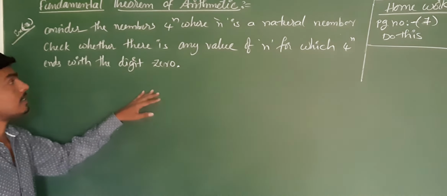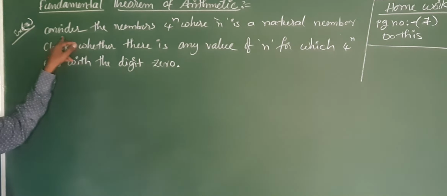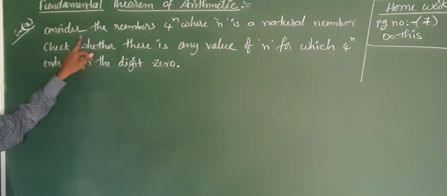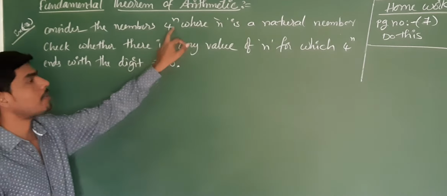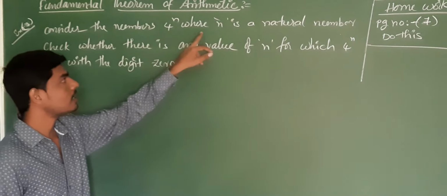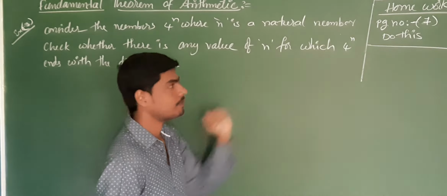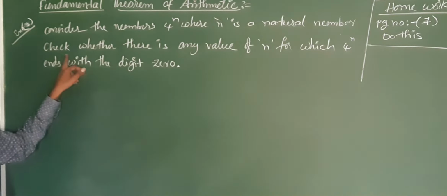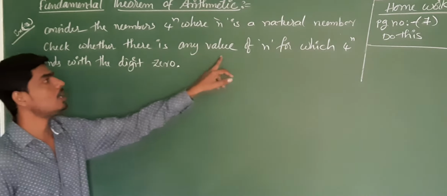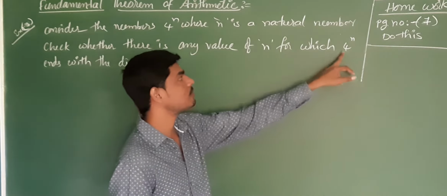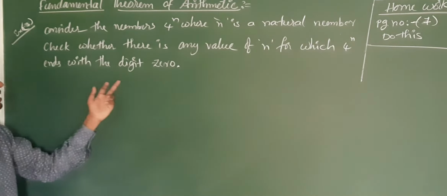Children, here is an example from page number 7. Consider the numbers 4 power n, where n is a natural number. Check whether there is any value of n for which 4 power n ends with the digit 0.